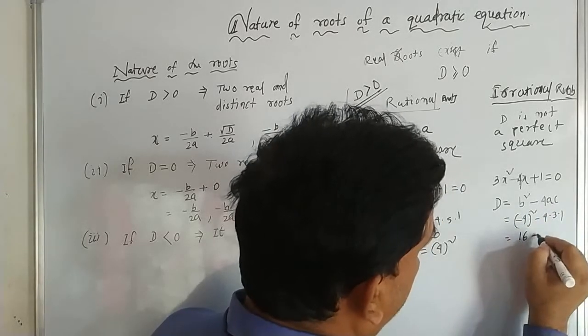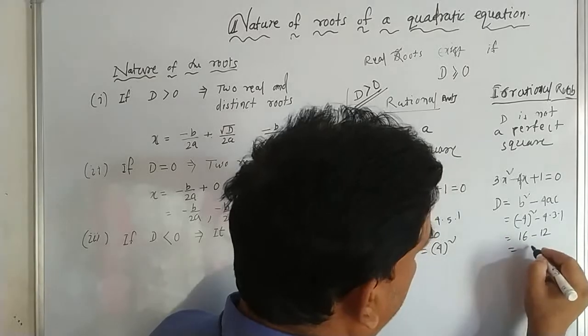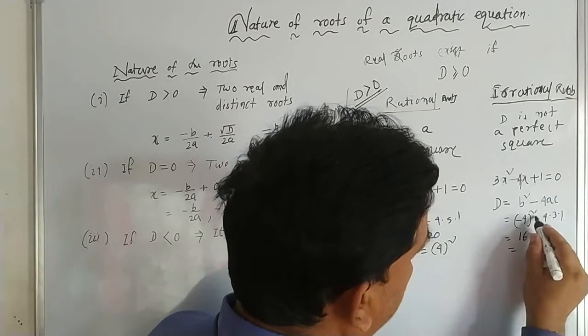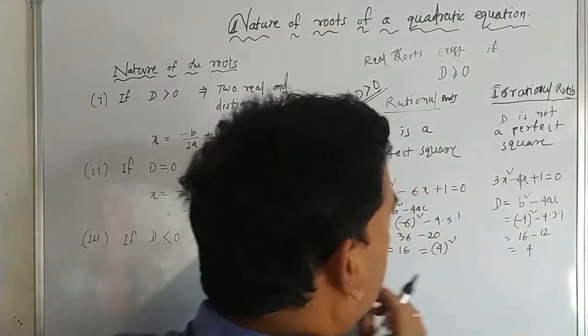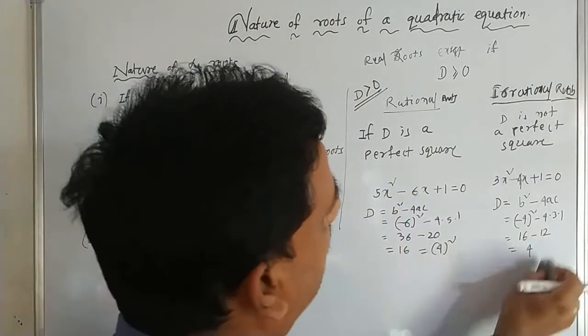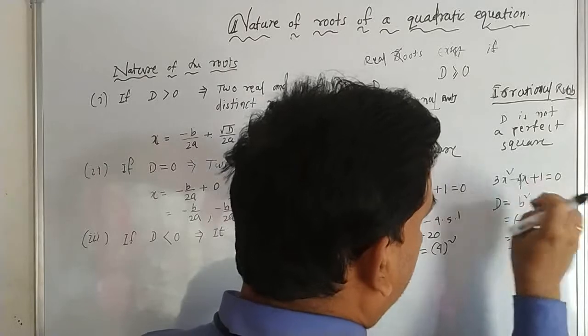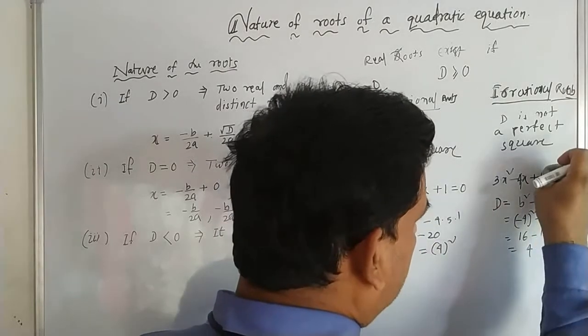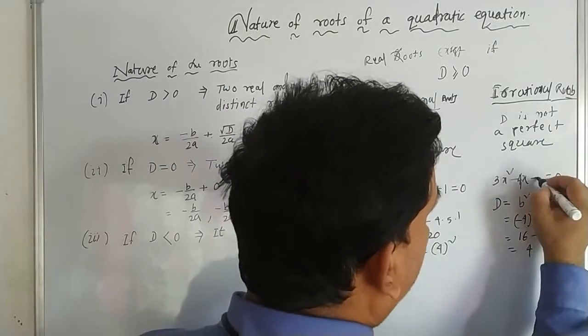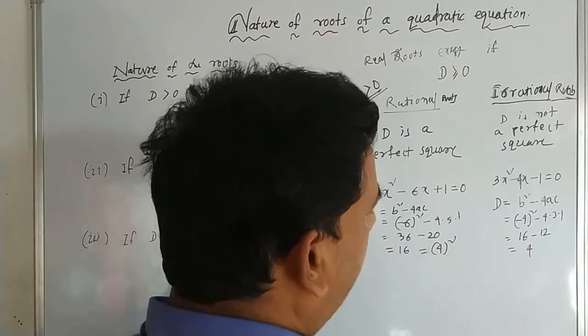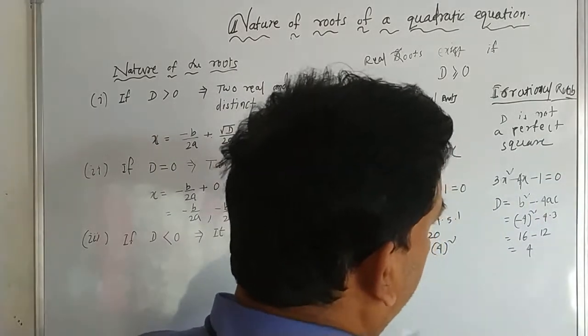This is 16 minus 12, which is 4. So it's a perfect square. Hence, we will get rational roots only. Now we will change it a little bit, and make the last term minus 1.